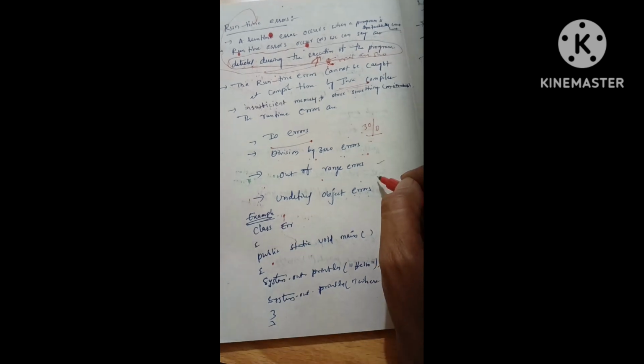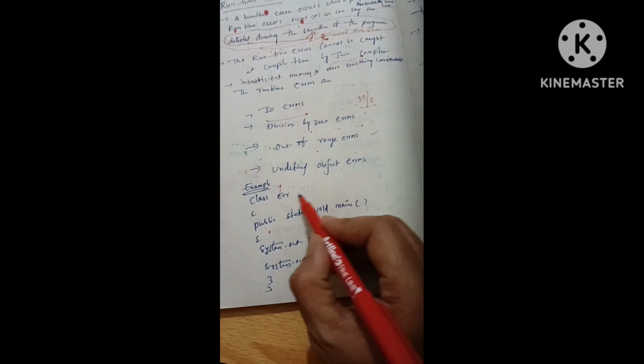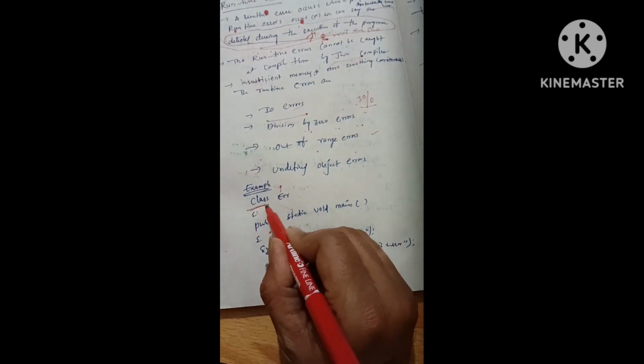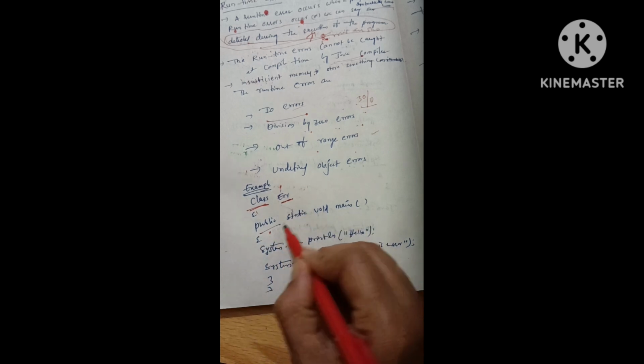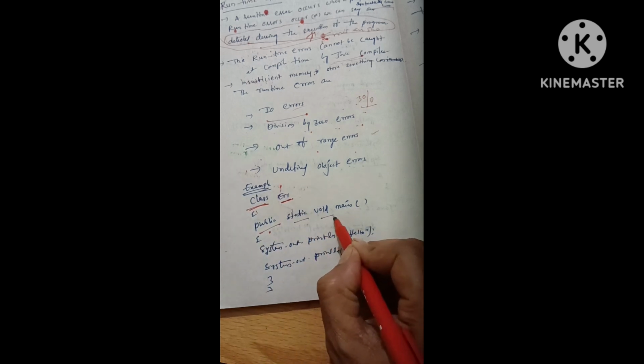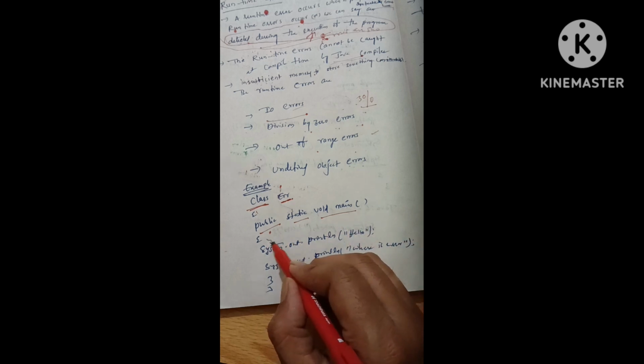Example, one program is there. Class name ERR, public static void main, open brace.